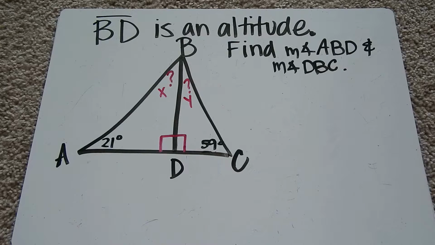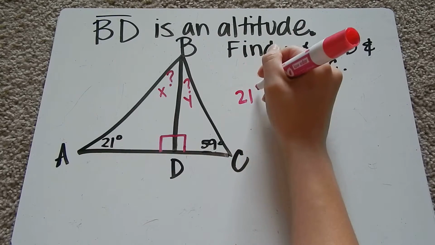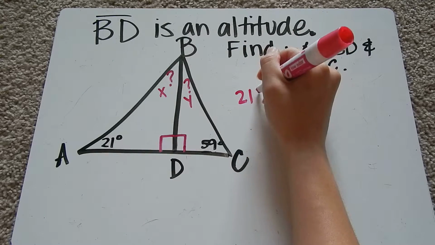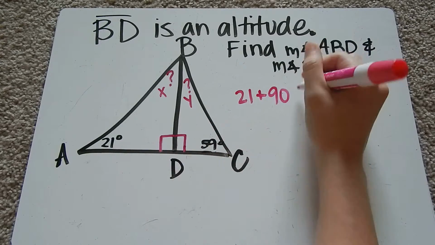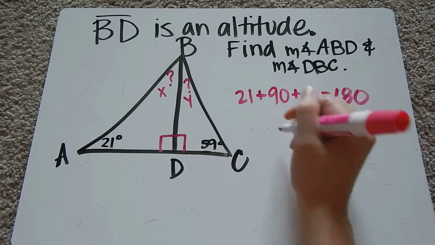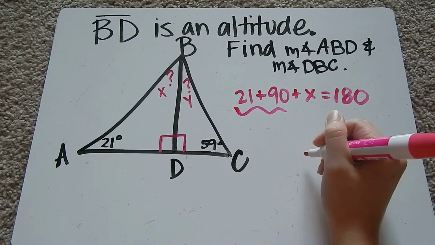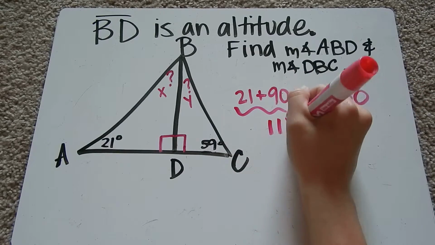Okay, so let's first find the measure of angle ABD, which is my x. So I have 21 degrees, that's angle A, plus 90, which is this angle here, plus x equals 180. Combine like terms. 90 plus 21 is 111.